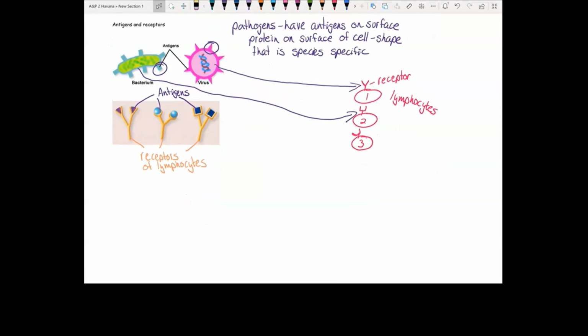Let's write a summary of that just so you have it. So we're going to say a pathogen invades you. You have to find your lymphocyte with receptors that match the pathogen's antigen.